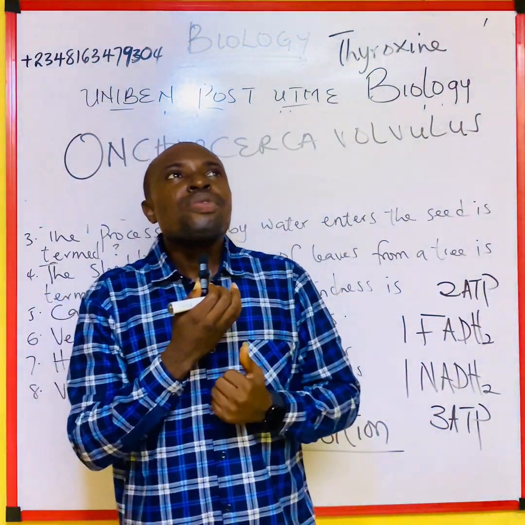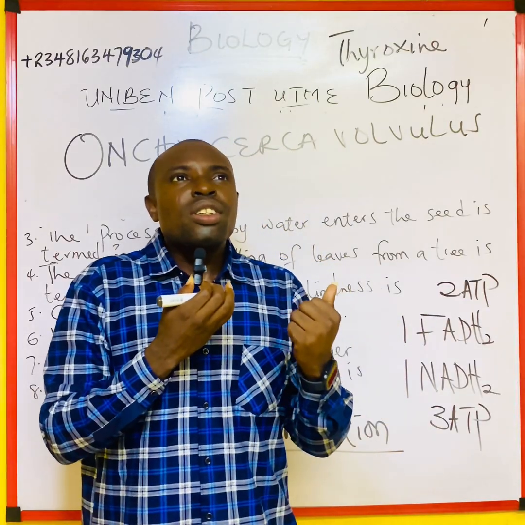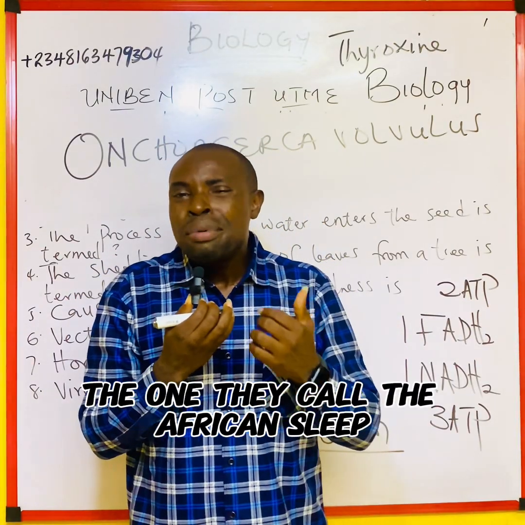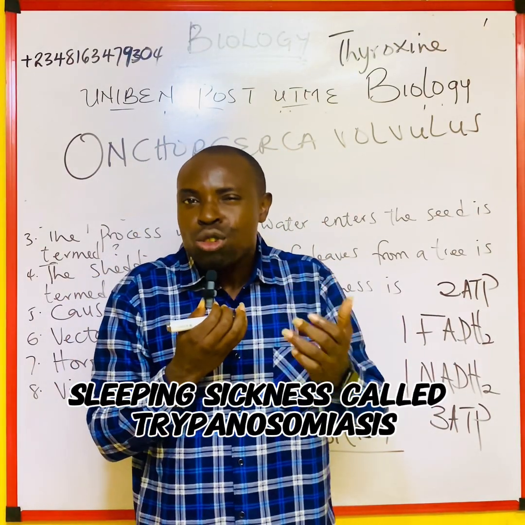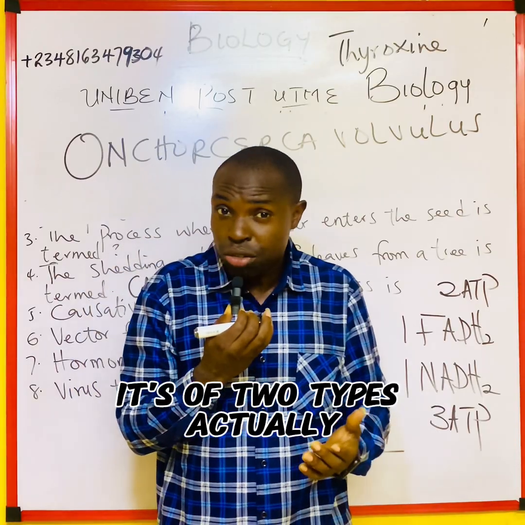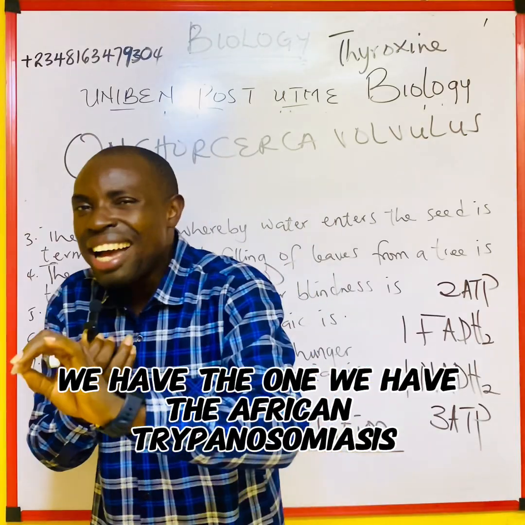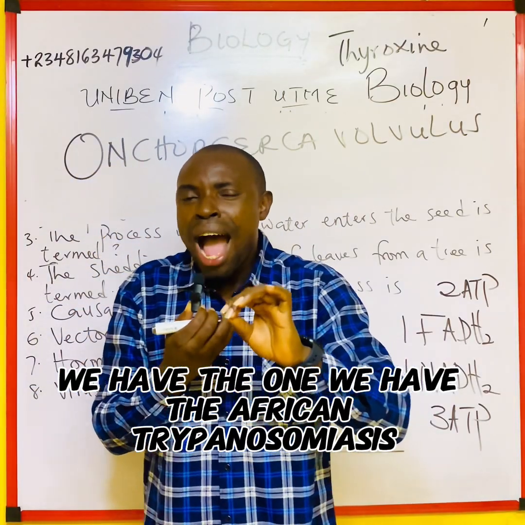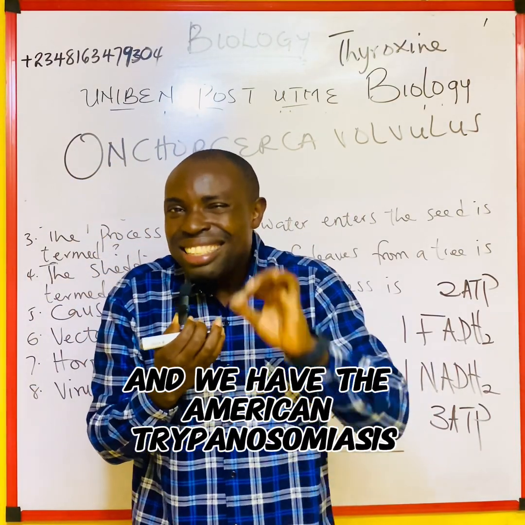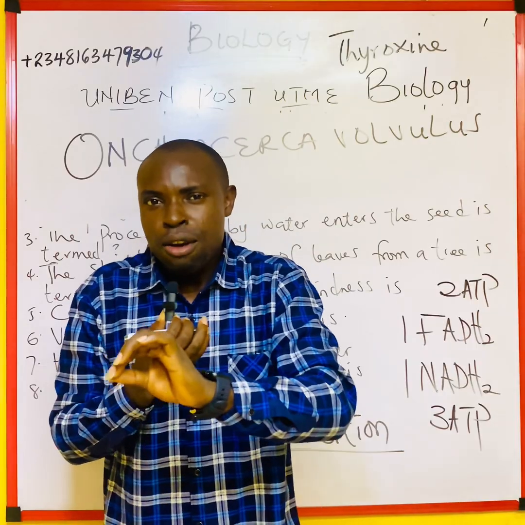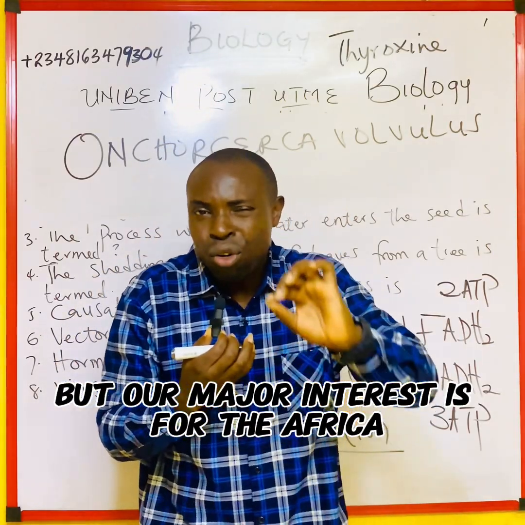Apart from this, we should also know that, for example, the one they call African sleeping sickness, trypanosomiasis, is of two types actually. We have the African trypanosomiasis and the American trypanosomiasis. But our major interest is Africa.